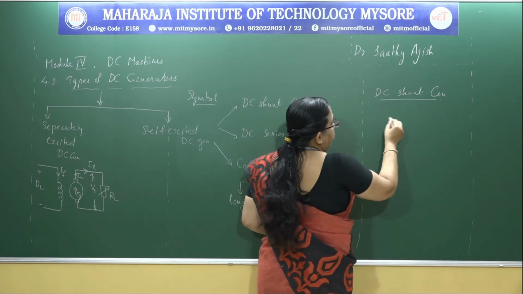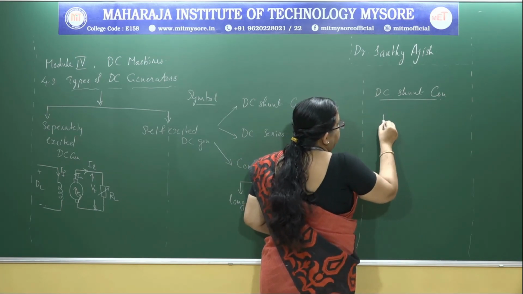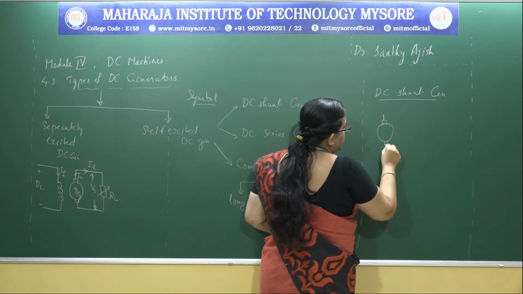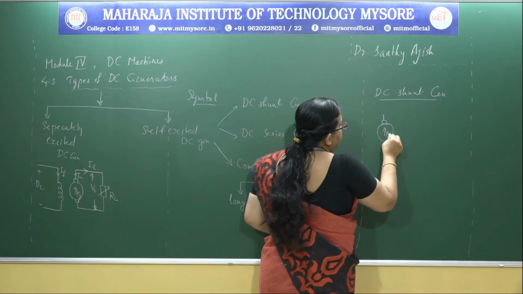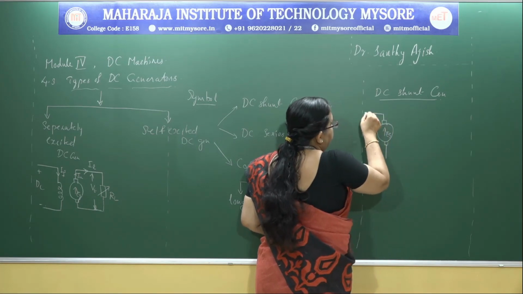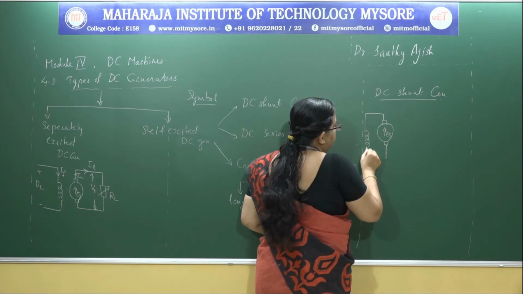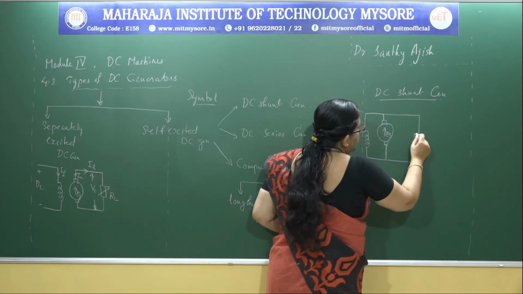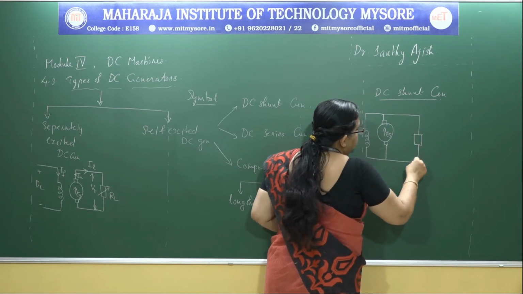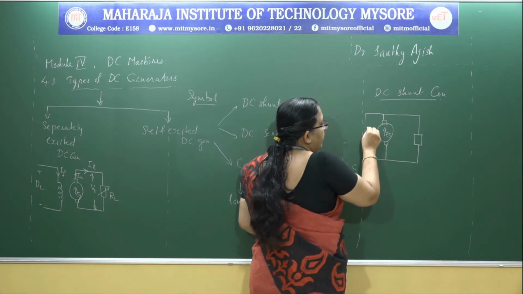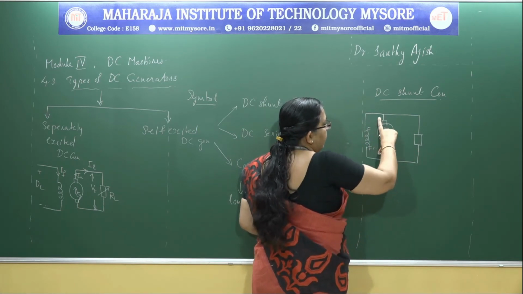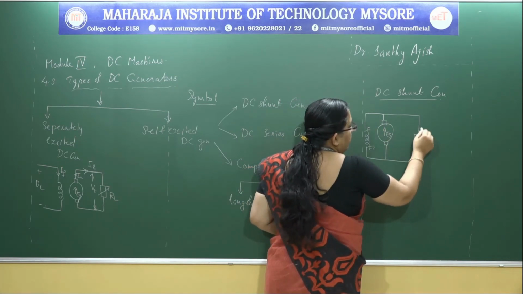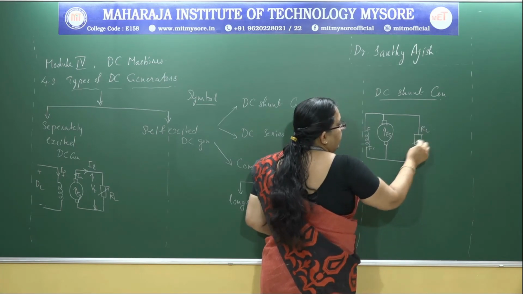DC shunt generator. So this is the way I connect the DC shunt generator, in which the field winding F F dash is connected parallel to the armature winding, and this is the external load RL which we connect.